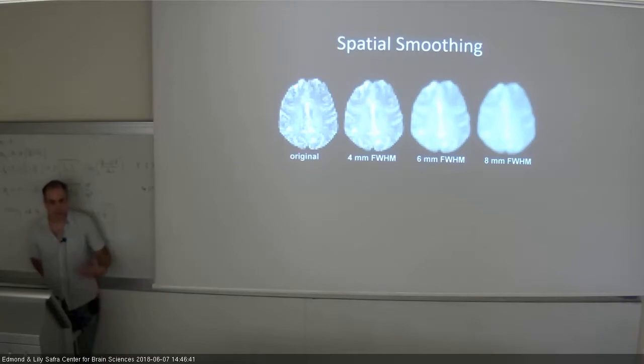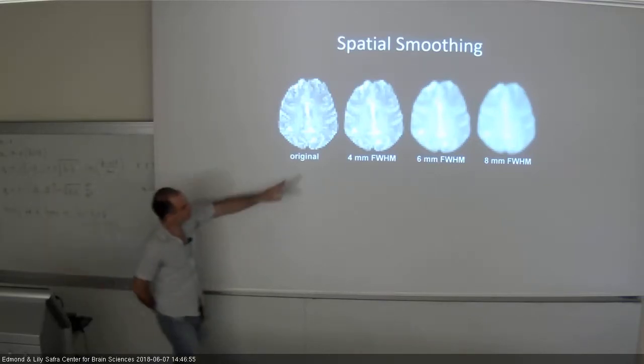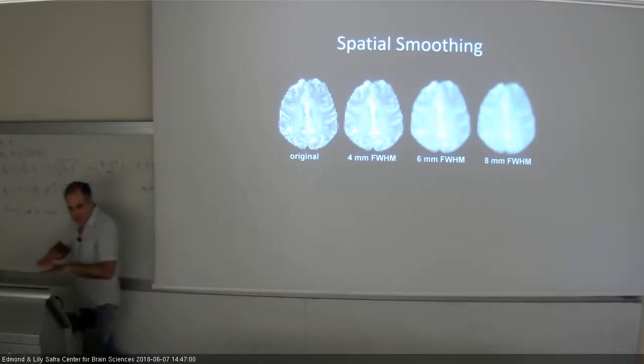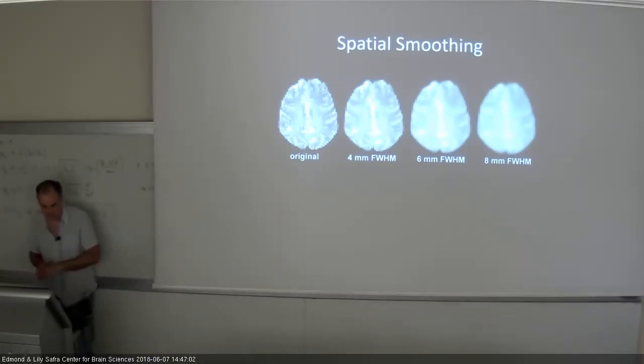So if I want to compare one voxel between two subjects, or average, and so on, if I have a larger unit, I'm more able to do that. If I have a very, very high resolution, then matching voxel to voxel will be harder. So that is a very good reason to do spatial smoothing.